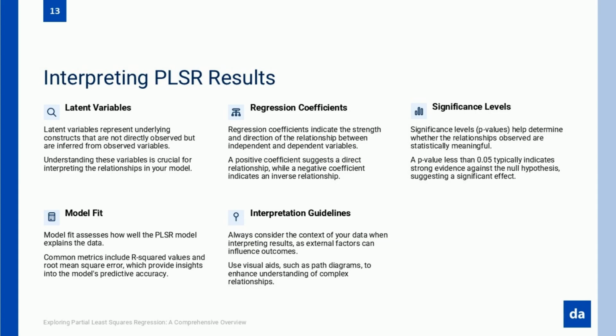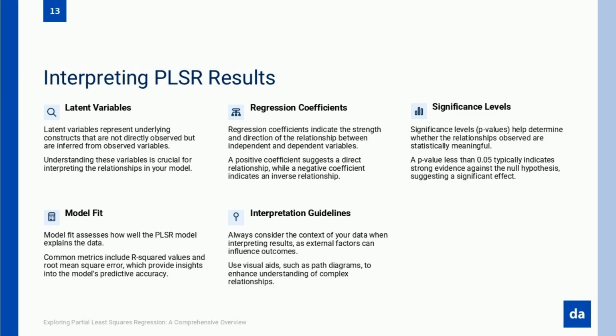Let's break it down. First, let's talk about latent variables, PLSR's secret sauce. Instead of looking at the original predictors directly, PLSR transforms them into a smaller set of meaningful components. These new variables summarize the most important patterns in your data, but they don't always have a clear-cut meaning.